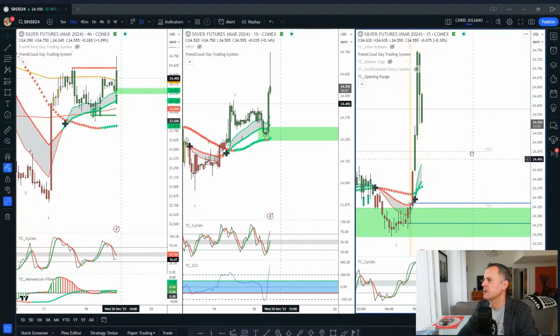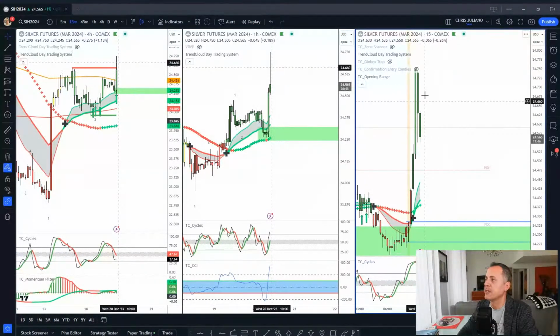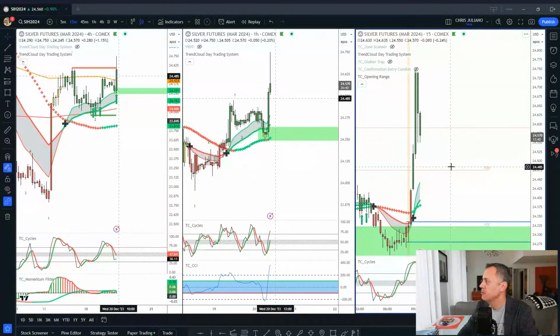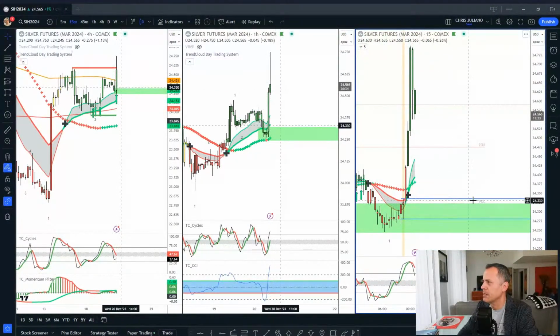Let's see what it looks like. Nice rally-based rally, but this is good, guys. This aggressive or fast pullback here could be an initial retracement. That could be what we're looking for right in here.